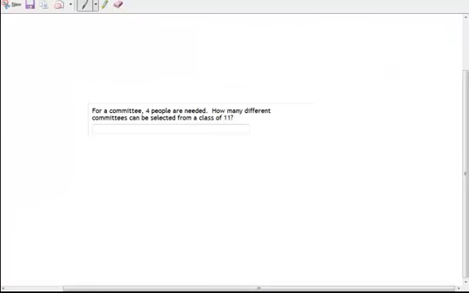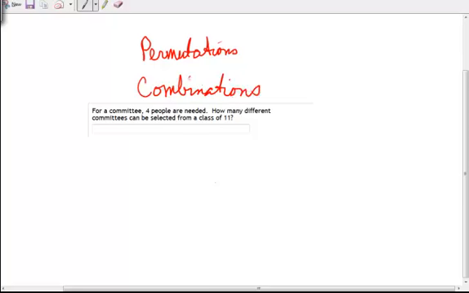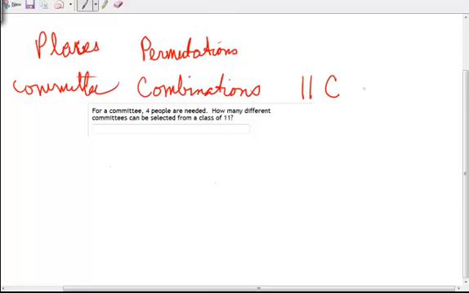Now, for a committee, if you recall, when I taught you this section, I told you for permutations, places, and for combinations, we would use committees. That is the clue we had for that one. 11 combination 4.